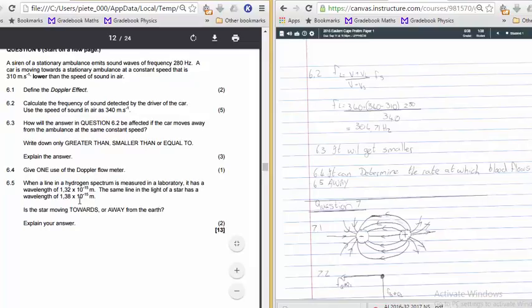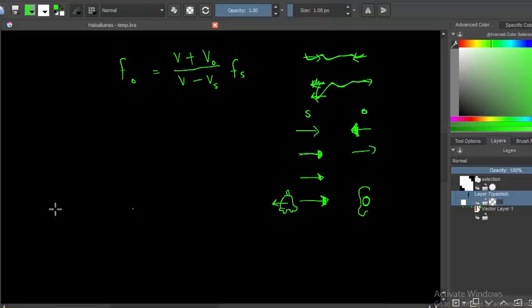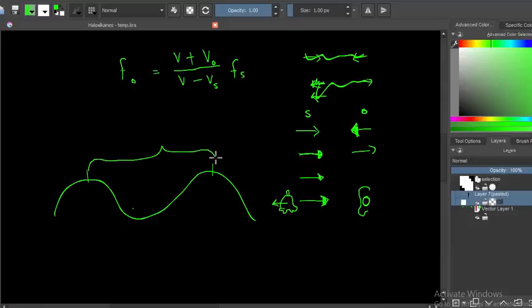So a wavelength would be, if we have a wave like this, there's our wave, then the wavelength is the distance from here to there. That's the wavelength.